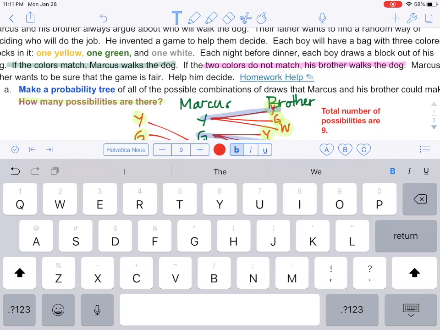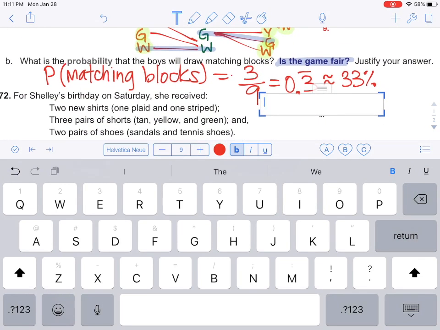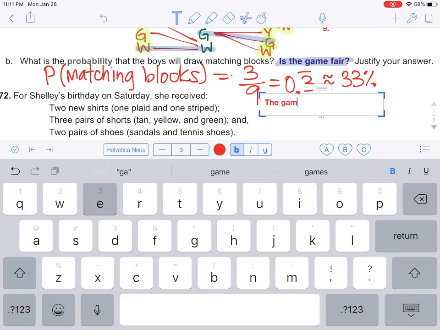I'm going to type that in so you guys can all see. My handwriting on these is terrible, so I'm going to type it up. So the game is not fair. We're answering the question first, okay?